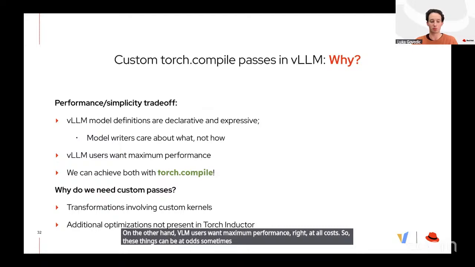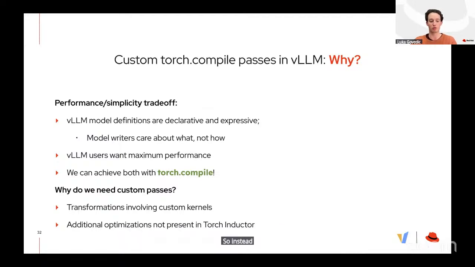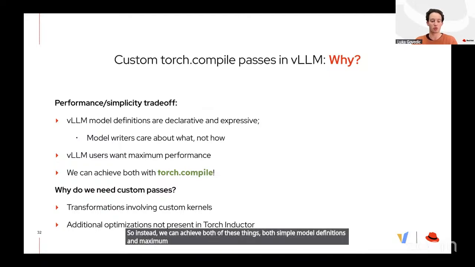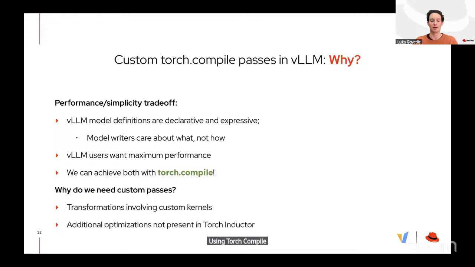Sometimes the best performance can only be achieved by breaking abstractions and making model definitions more complex, and we don't want to do that. So instead, we can achieve both of these things, both simple model definitions and maximum performance, using Torch Compile. And that's done with the graph capture, right? So Richard explained this. We capture the model execution end to end into a linear graph. So all the abstractions are gone.